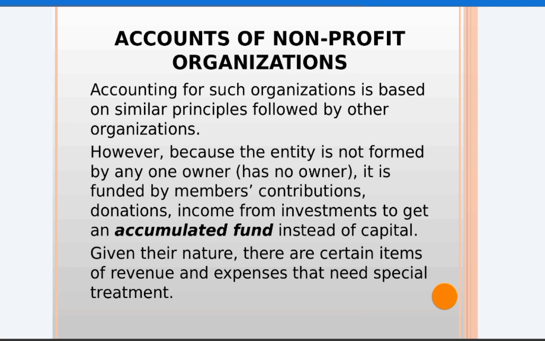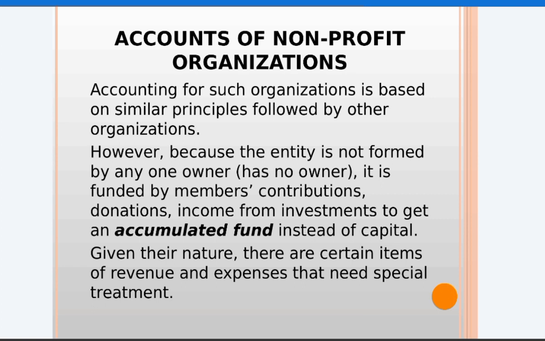So given the nature of these organizations that they are not profit making, some items may require some special treatment. So we are saying despite the application of the same accounting principles, there are certain items that may require to be treated in a particular way because of the fact that these are non-profit making organizations.